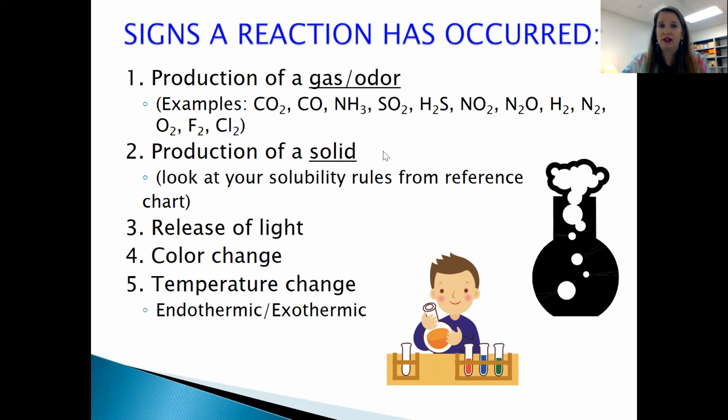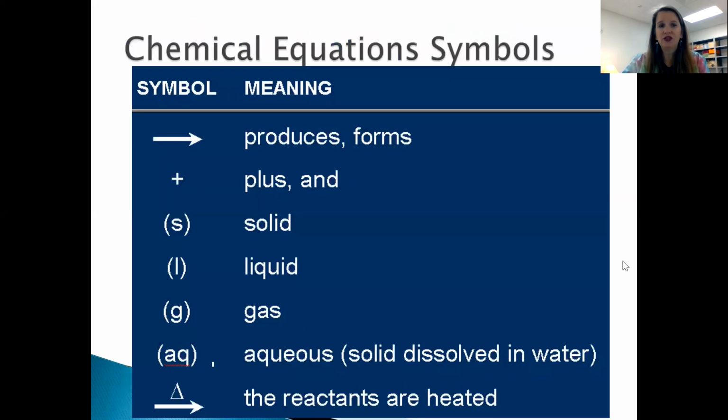We're making a solid. The production of a solid is called a precipitate. We're going to talk about the solubility rules in another video, so don't worry about that part yet. If light is being released, there's a color change, or any kind of temperature change, if it's getting hotter or colder. So here are your different chemical symbols.